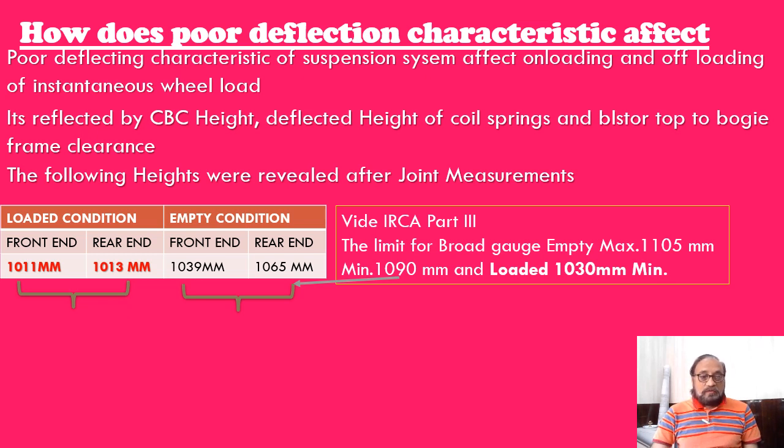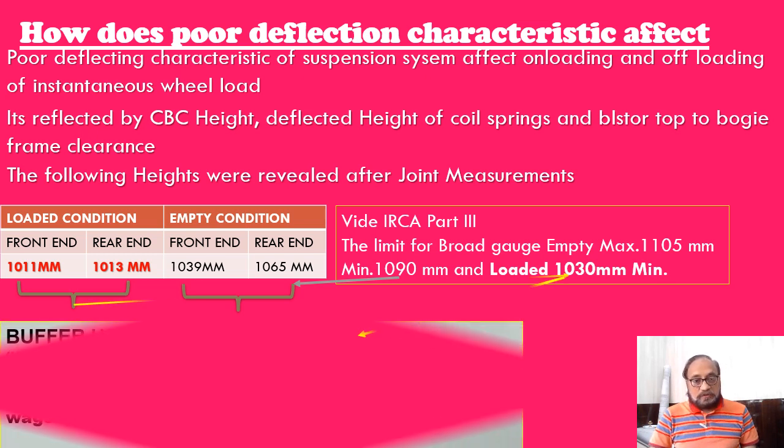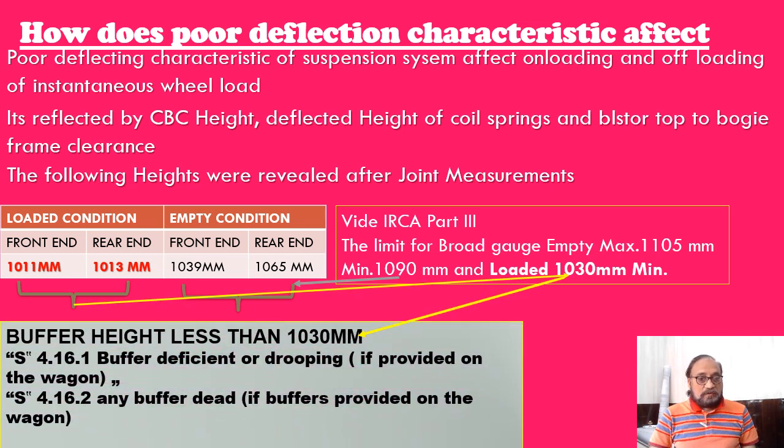And since the buffer height measured in loaded condition was less than 1030, this falls under rejection limit. Rule 4.16.1 and 4.16.2, this is of chapter 4 IRCA. No wagon should run with less than 1030 millimeter of buffer height or CBC height.